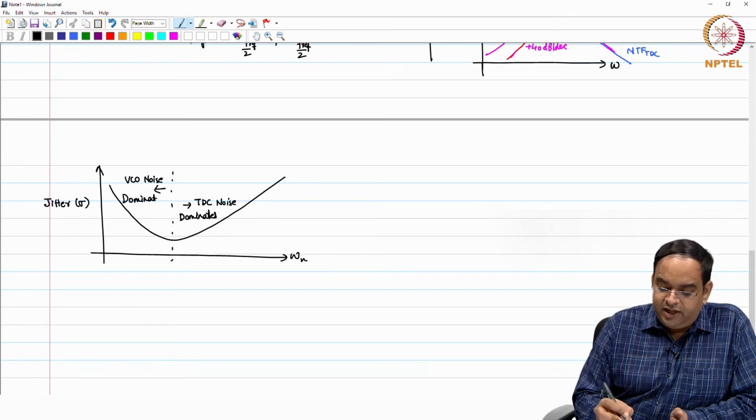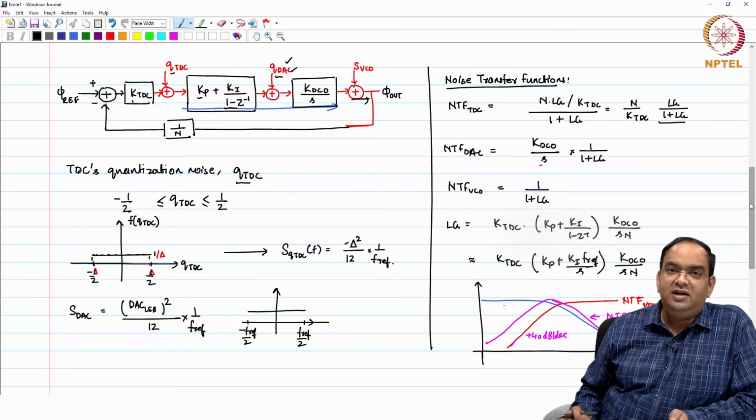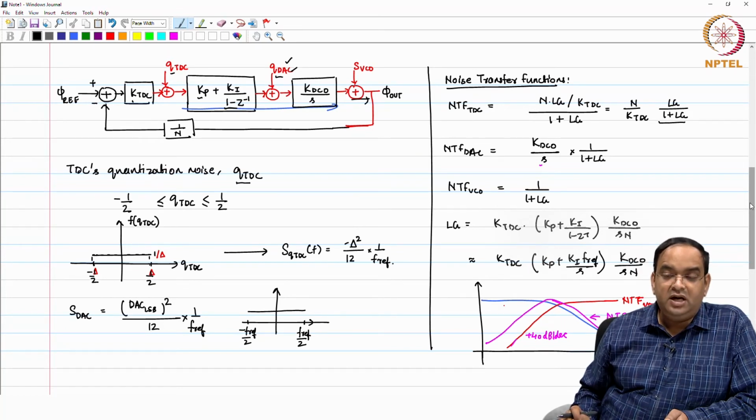If you look at it, we got rid of the loop filter, and at the same time we also got rid of charge pump noise and resistor noise, but we added two noise sources in the PLL: the TDC noise and quantization noise. We cannot eliminate them for now, and this TDC noise is a real kill here.